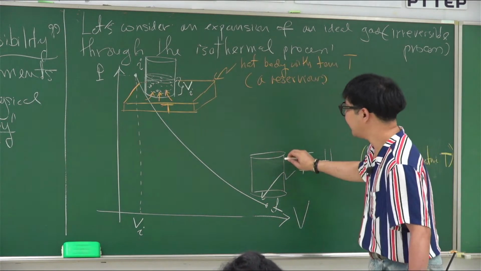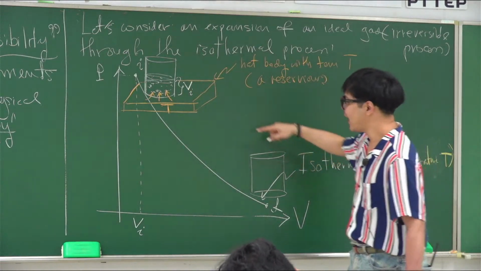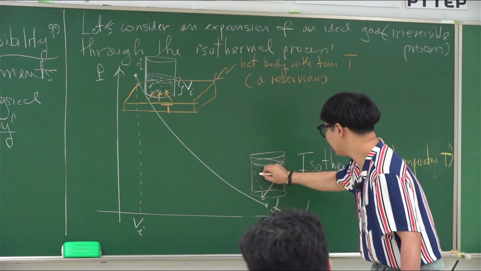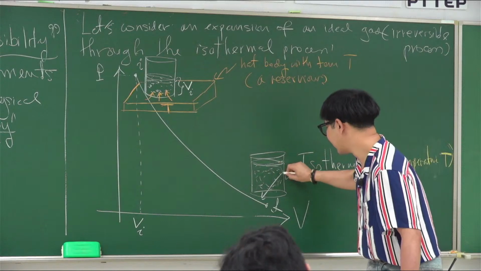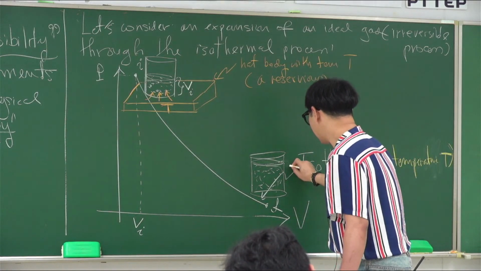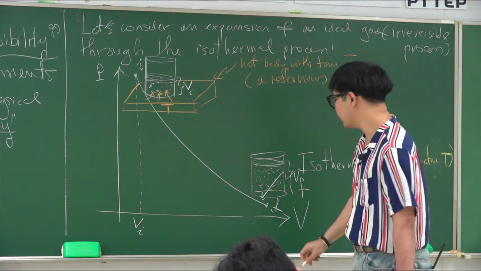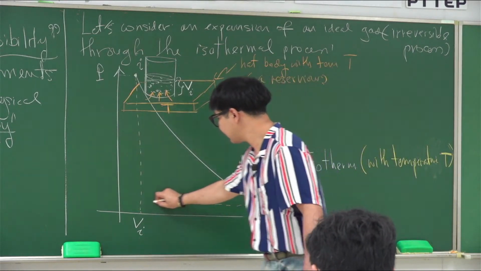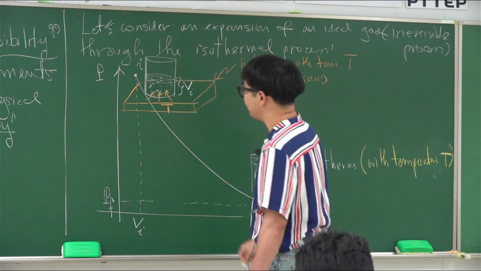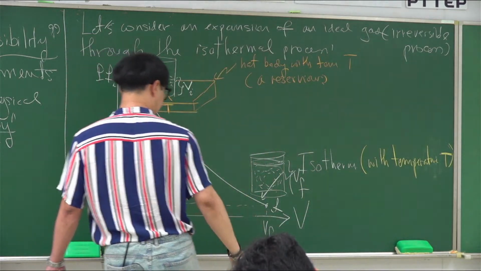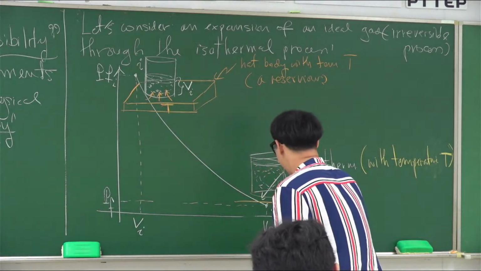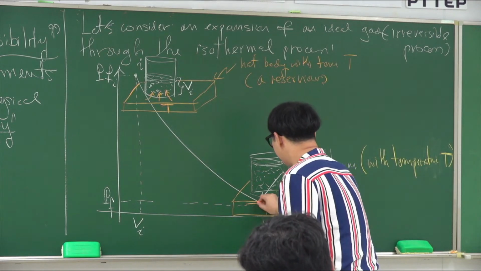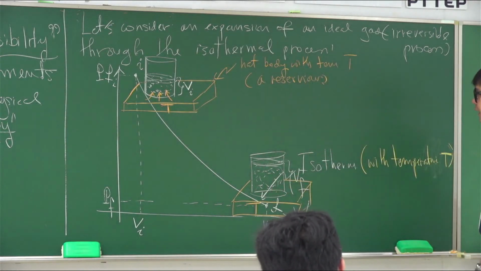Suppose that I can draw things perfectly. This is exactly the same portion. So your gas expands, and this is a new volume, which is Vf here, with of course a new pressure. But you have to keep in mind that your system is still attached to the hot body here.